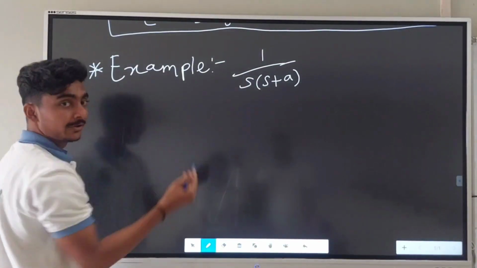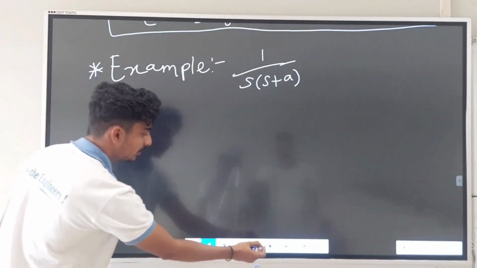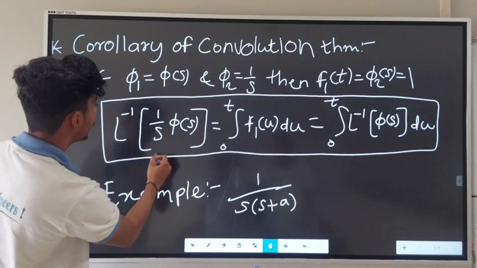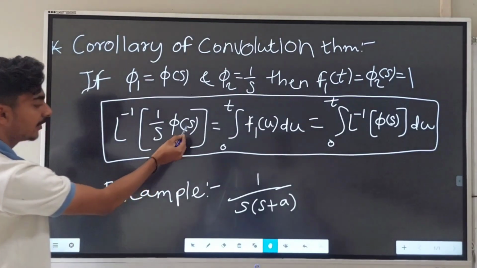So we know the form of the statement of the corollary of the convolution theorem is 1 upon s and phi of s.